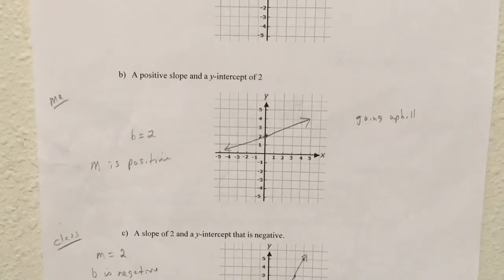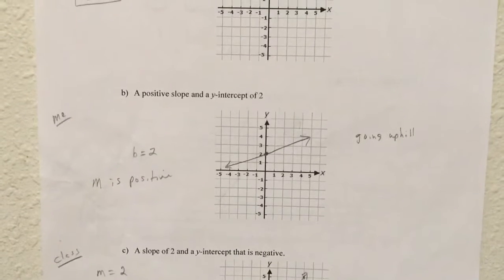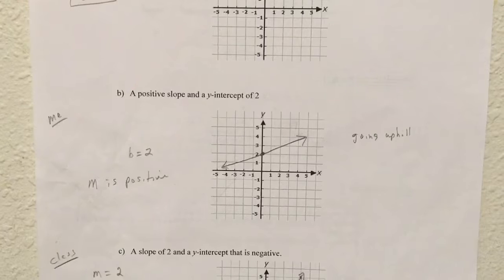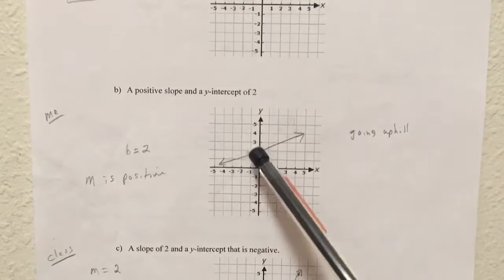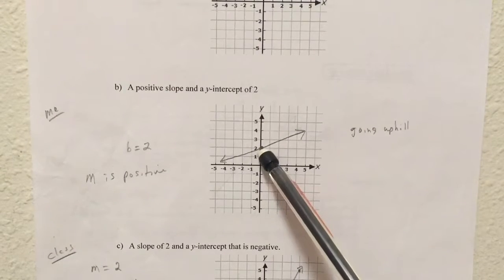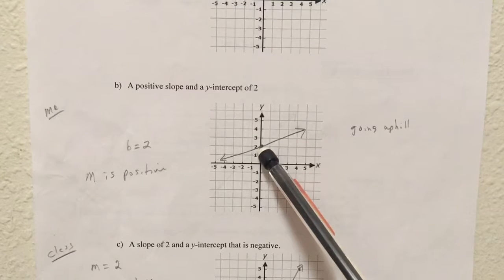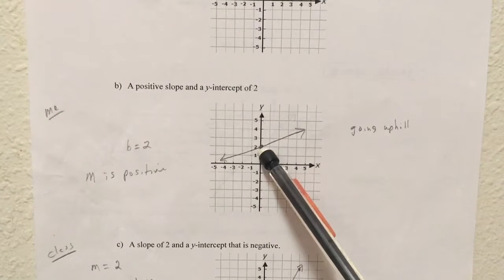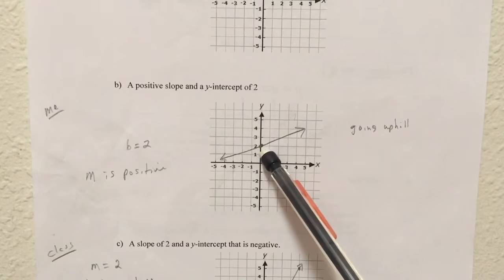In part B, we have to graph a straight line with a positive slope and a y-intercept of 2. So here is y equals 2 on the y-axis. The straight line has to cross the y-axis at y equals 2 because that's the y-intercept.